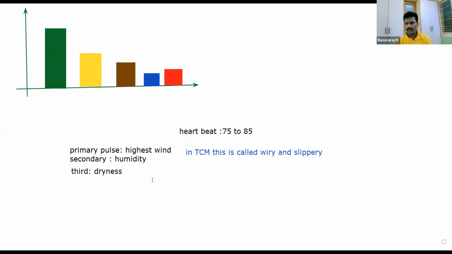The wiry pulse, also called the wind pulse, you will get when you have a deficiency in the blood. So wiry means a thin pulse.